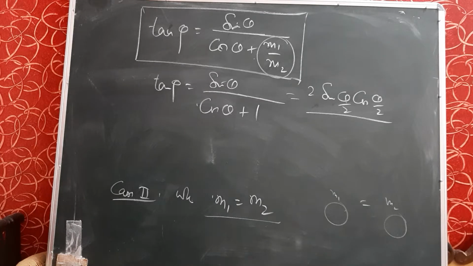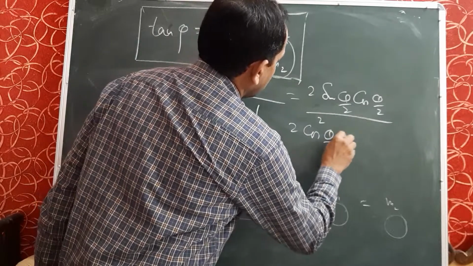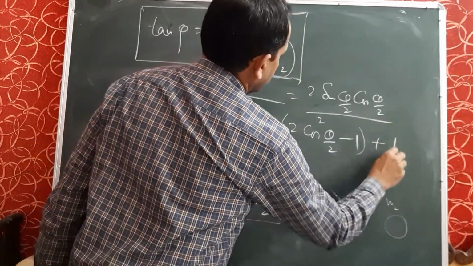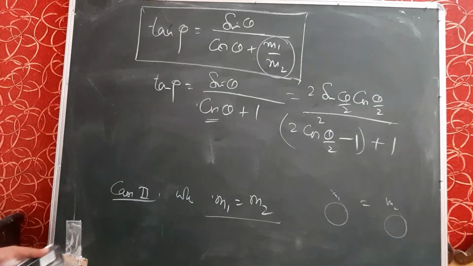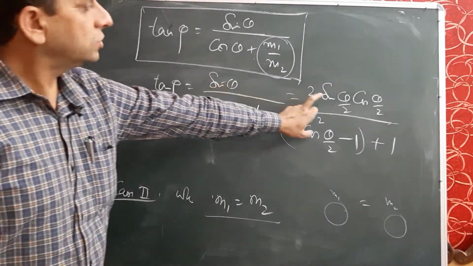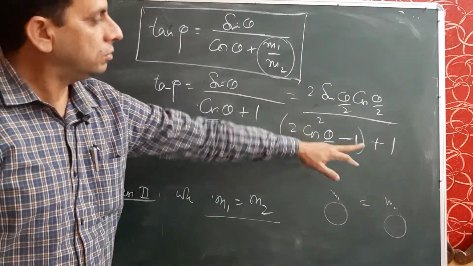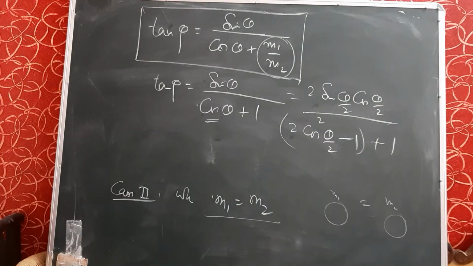Similarly, cos theta is taken as cos 2 times theta by 2, and we know cos 2 theta is 2 cos square theta by 2 minus 1, and plus 1. You have already read these formulae in lower classes: sin theta is 2 sin theta by 2 cos theta by 2, and cos theta is 2 cos square theta by 2 minus 1. This is the half angle formula you have already studied.